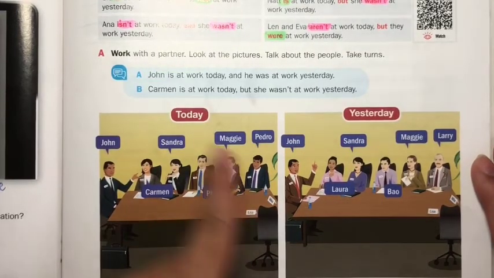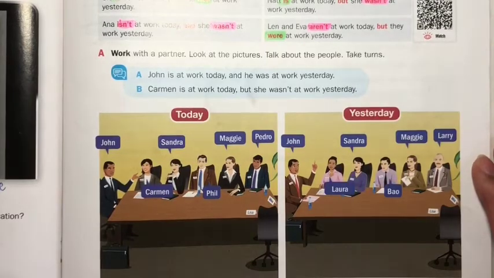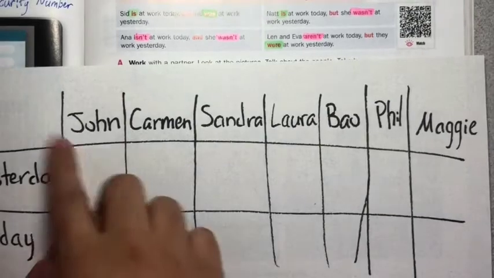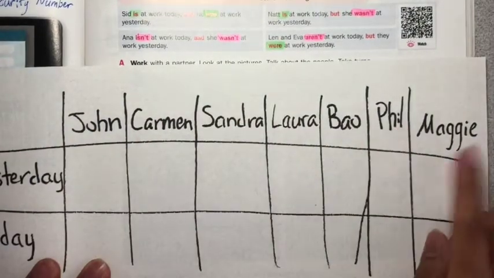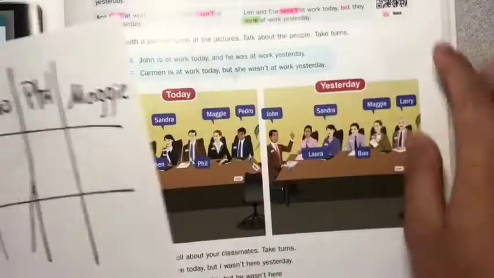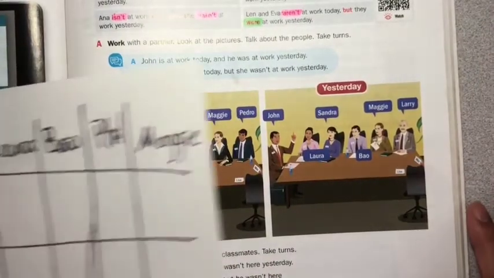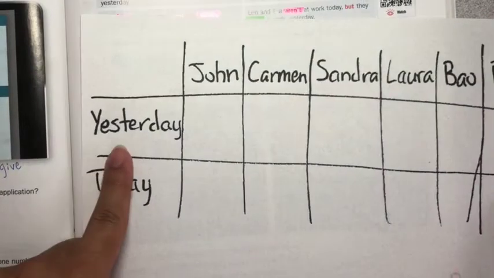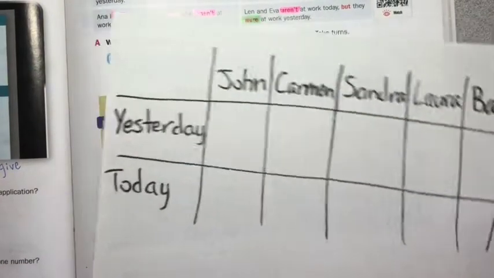So let's talk about who is here today and who was here yesterday. Here I have a table of 1, 2, 3, 4, 5, 6, 7 people. It's not everyone in this picture because it's a lot of people. I don't have space. But there's 7 people here, and I have yesterday and today.